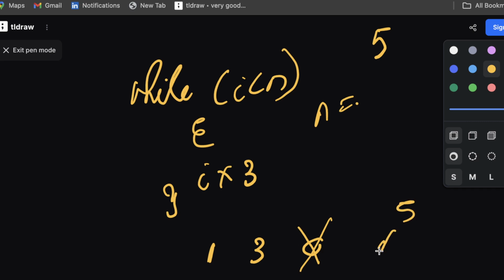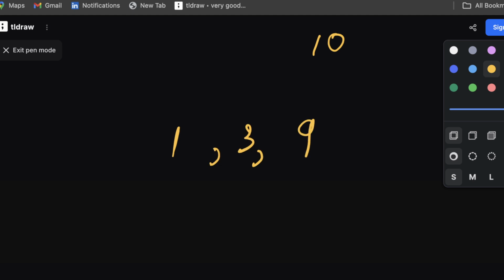So for 5, I ran it 2 times. What if I increase my input size? Let's say I have 10. So first I'm going to do 1, 3, and then 9, right?